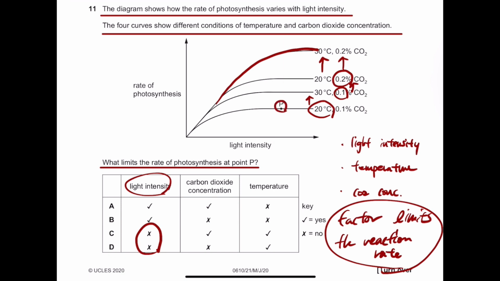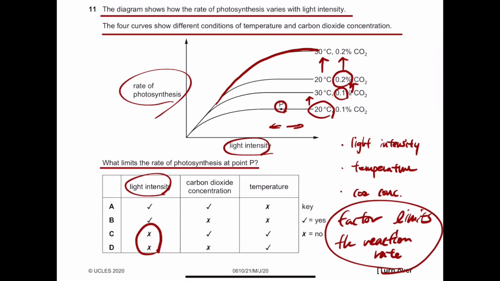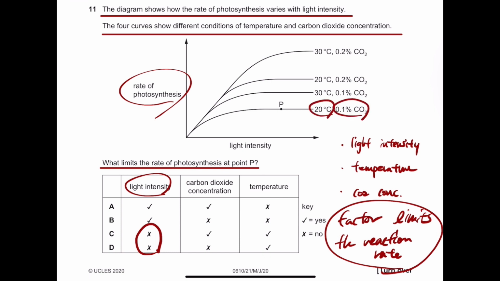So at P, you can see that when the light intensity increases or decreases, it is doing nothing to the rate of photosynthesis. It's not affecting it at all. But the others, like the temperature and the concentration of CO2, do have an effect.